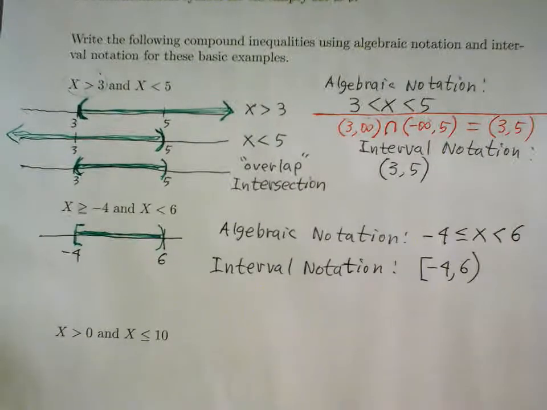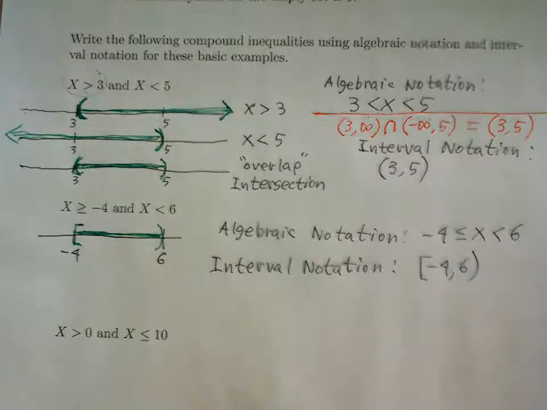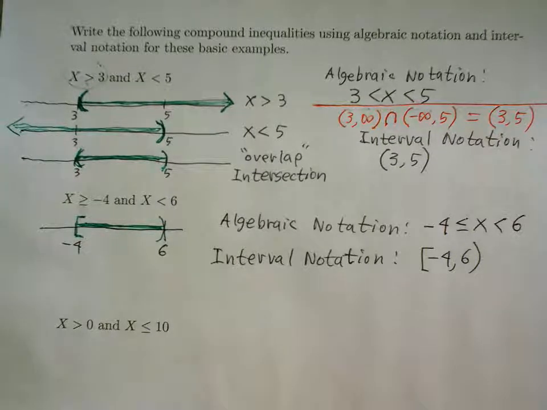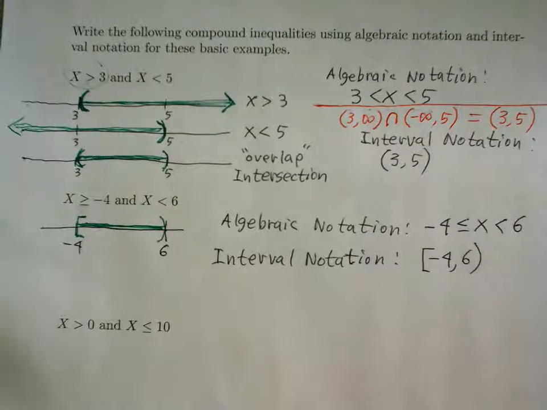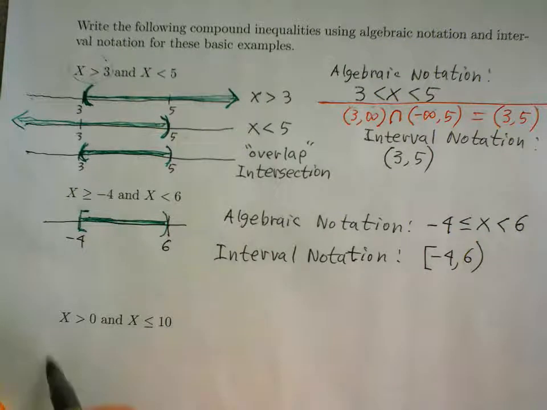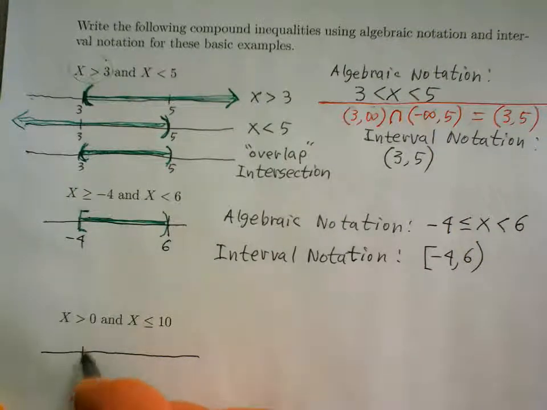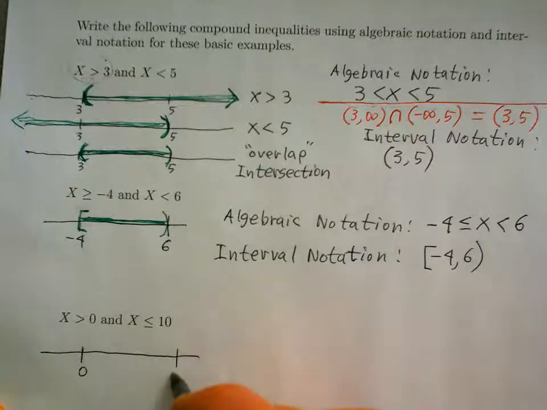Okay, the next one. X is greater than 0 and x is less than or equal to 10. If it helps to graph, go ahead and graph. Plot the numbers 0 and 10.